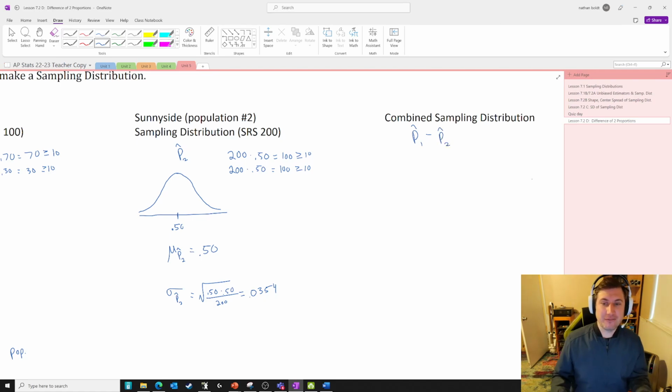What could it look like if I took a sample from one population, a sample from the other population, and subtracted their proportions? And then did that over and over again until I had a whole bunch of proportions representing a whole bunch of samples. Well, if I take a normal and I subtract a normal, thankfully, I get a normal.